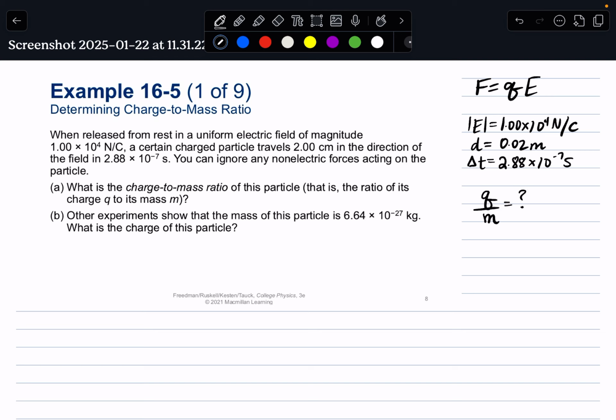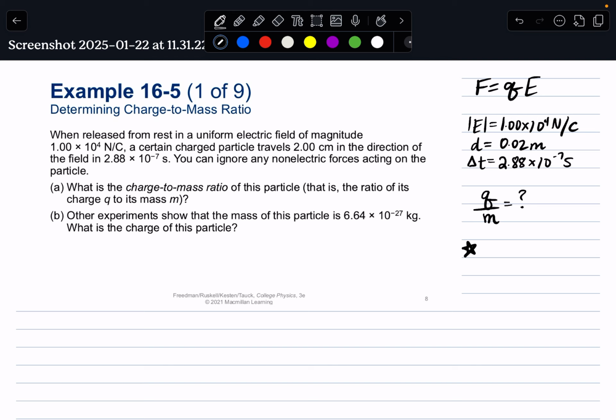Problem solving technique here: I know that we're going to be using information that was just taught to us, but we weren't given any information about how mass is related to the force that a particle feels in an electric field. So how is mass related?